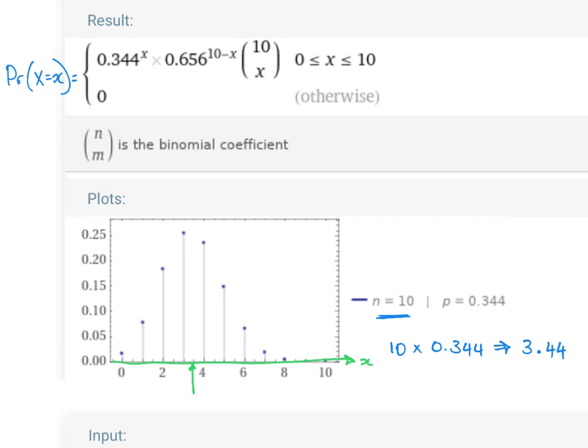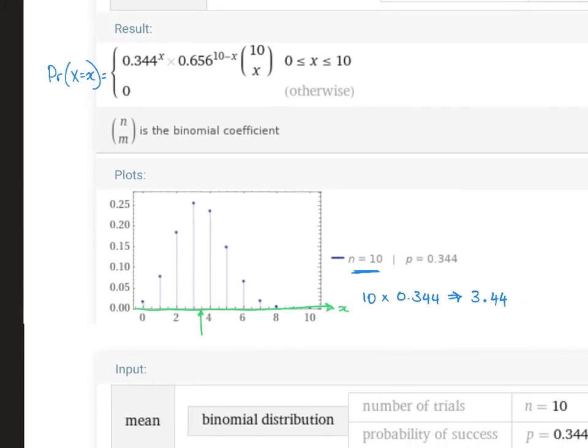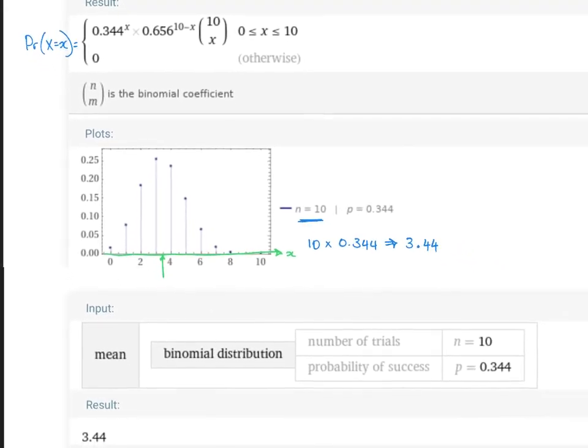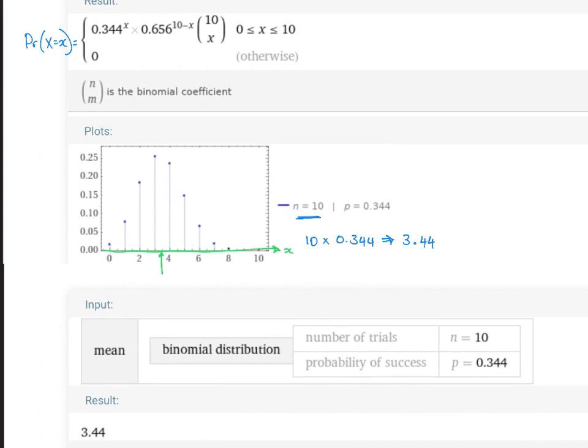And when we ask Wolfram Alpha to calculate the mean, it comes up with exactly the same answer as what we had. And that is exactly how you calculate the mean for a binomial distribution. You take your number of trials and you multiply it by the probability of success.